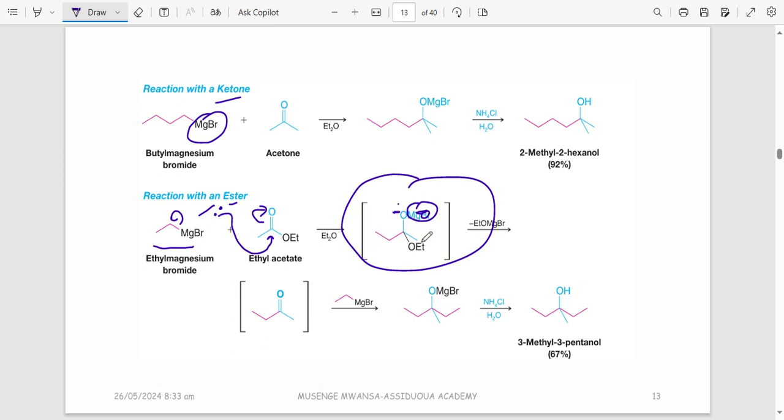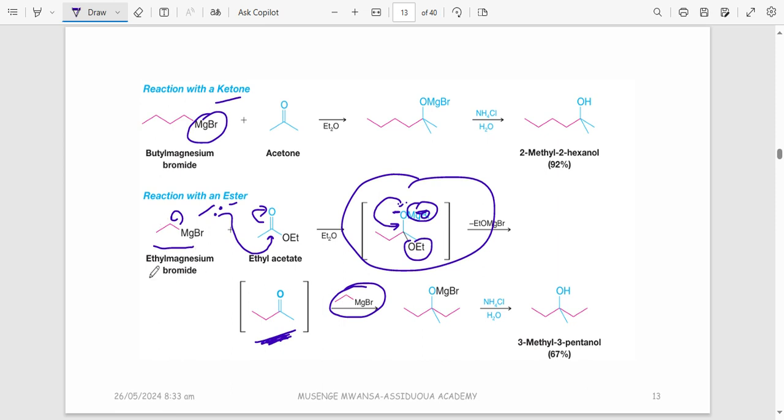And then when it is an ether, one lone pair will always leave the top and come back to form a ketone. Okay. And then now we use another Grignard.